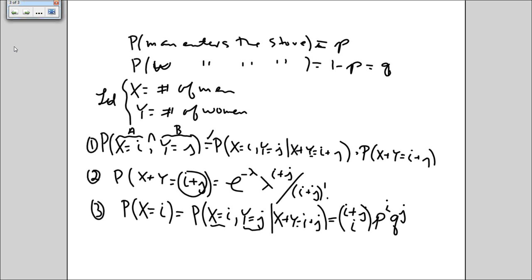So I want to substitute equation 3 into equation 1.